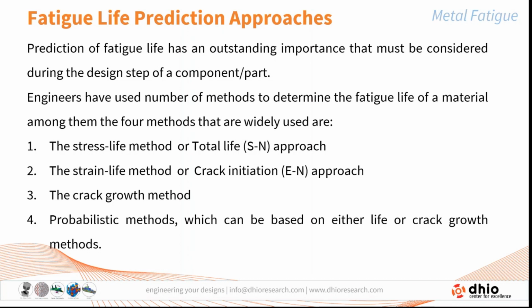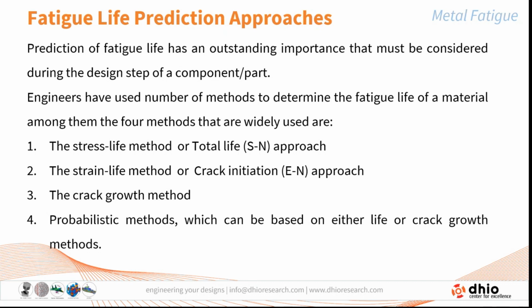Now, the prediction of fatigue life has outstanding importance and must be considered during the first step of the design of any component or part. Engineers have used many methods to determine the fatigue life of a material. Among them, four methods are widely used in industry today. One is the stress life method, or total life, which we call the SN approach. Then the strain life method, called crack initiation, or the EN approach.